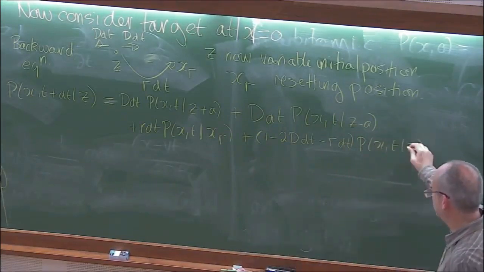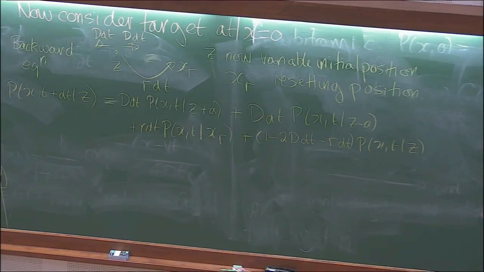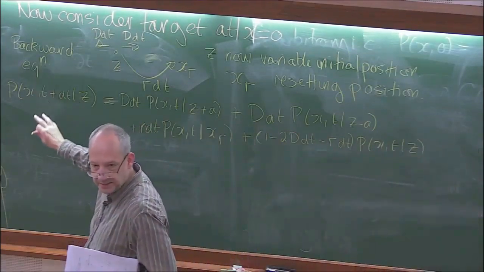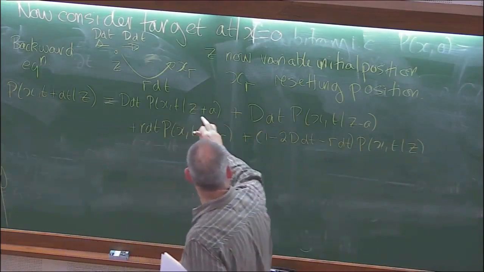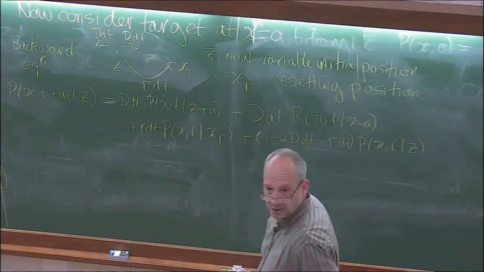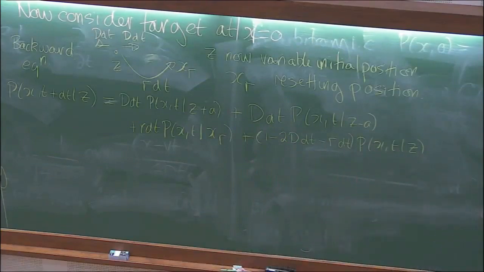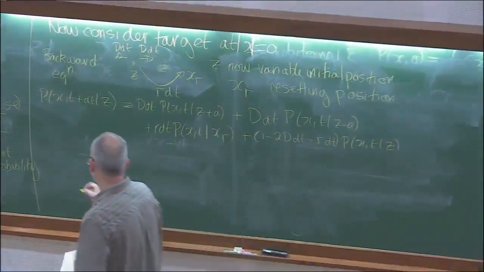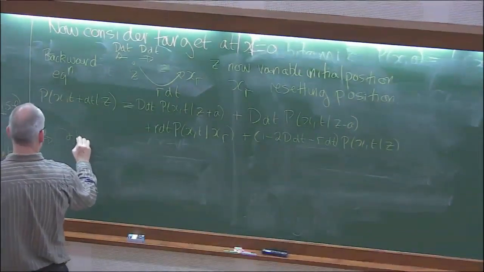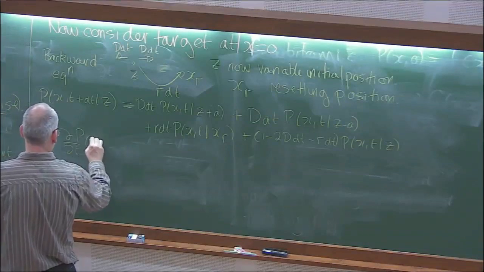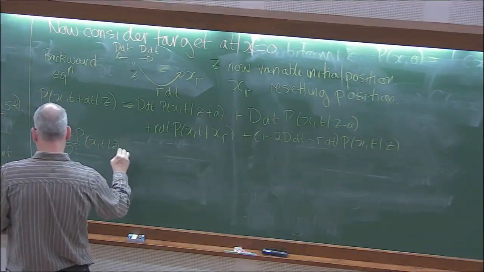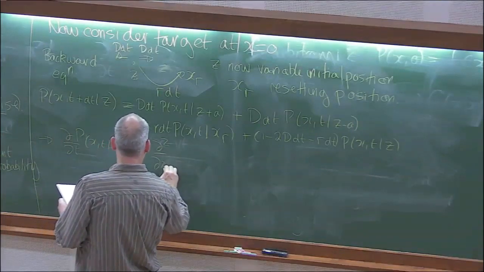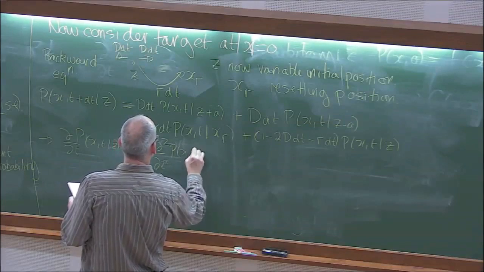So then I do the usual stuff. I take that term across here, divide by dt to get a time derivative, then expand these to get the spatial derivatives and do the rescaling and all. And what I end up with is dP/dt, now it's P(x,t | z), equals D d squared by dz squared. So that's the usual diffusion bit.